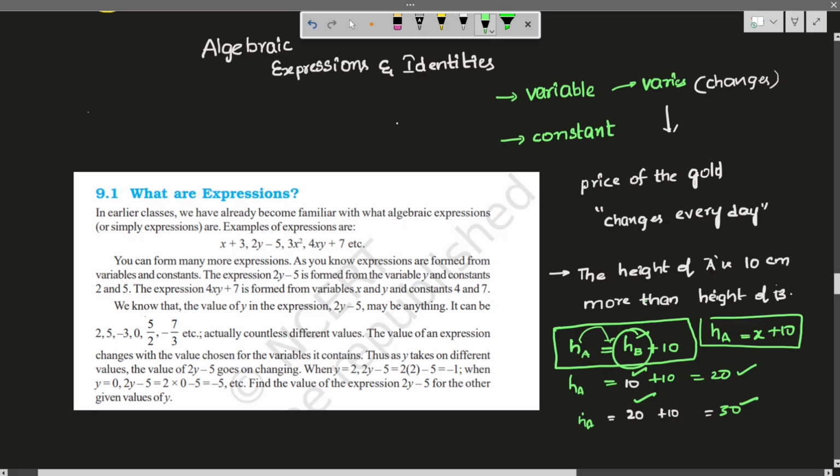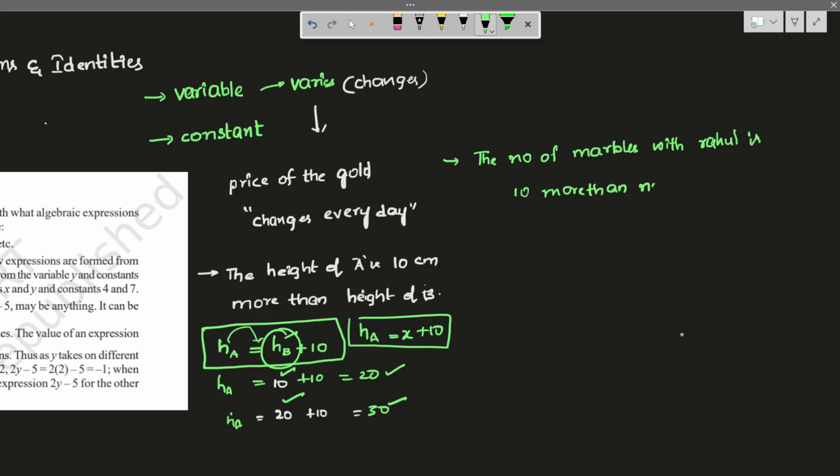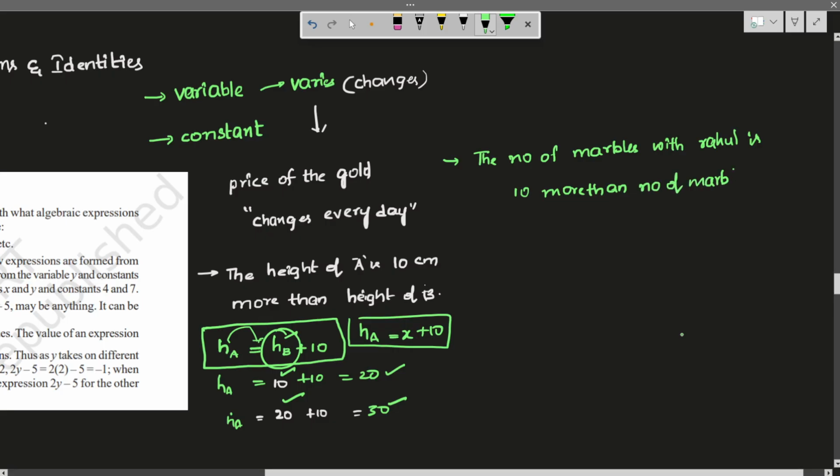For example, the number of marbles with Rahul is 10 more than the number of marbles with Gautam.